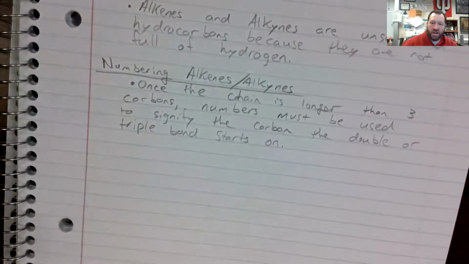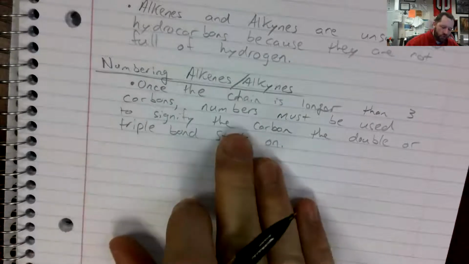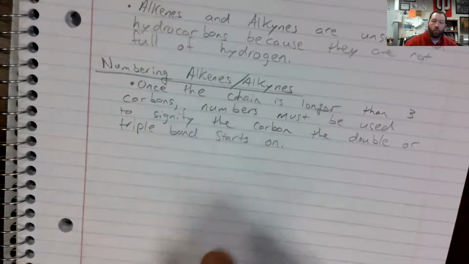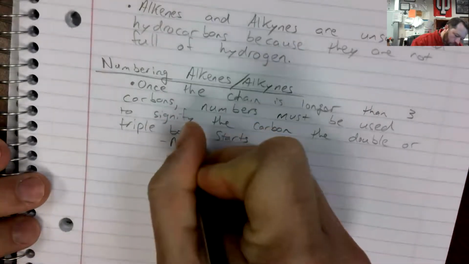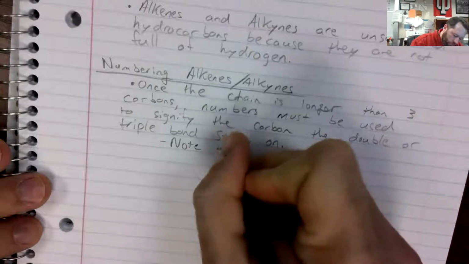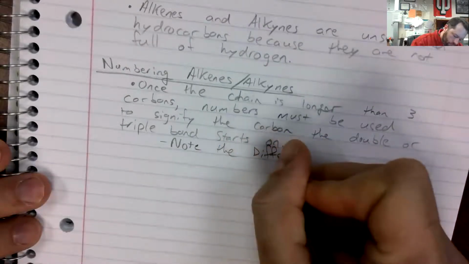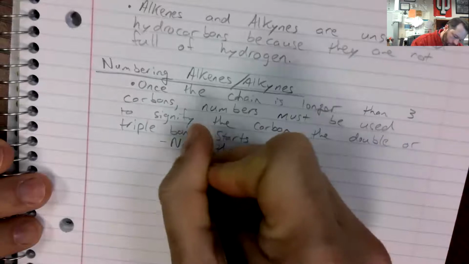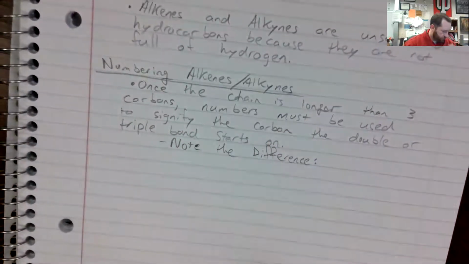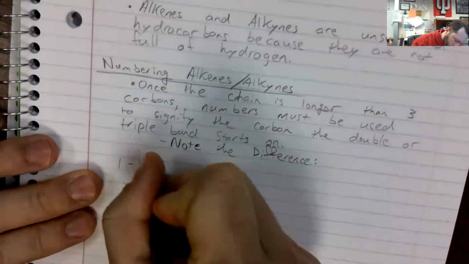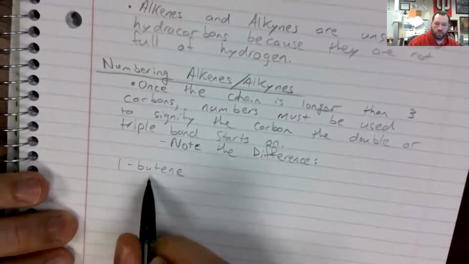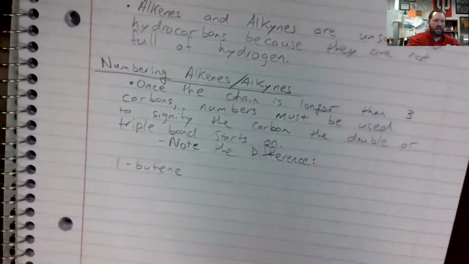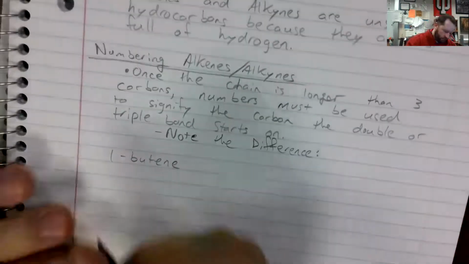All right, so once your chain is longer than 3 carbons, we have to use numbers to signify what carbon the double or triple bond starts on. Best to show with an example, so note the difference here. So our difference between 1-butene: but tells us there's 4 carbons, the ene tells us that there's a double bond.